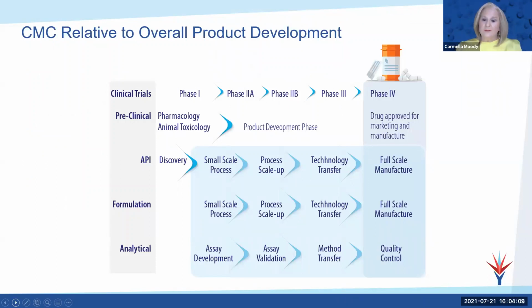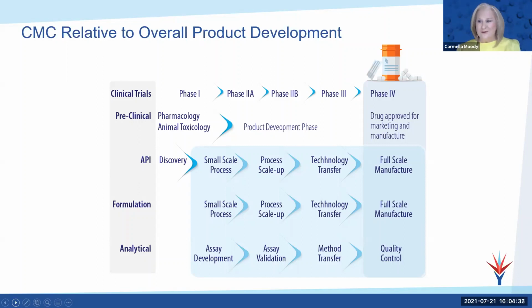So this slide is the standard slide that you often see about how the chemistry manufacturing controls information fits into the overall clinical development phase. I have to tell you, there is no such thing as a 1-800-GET drug.